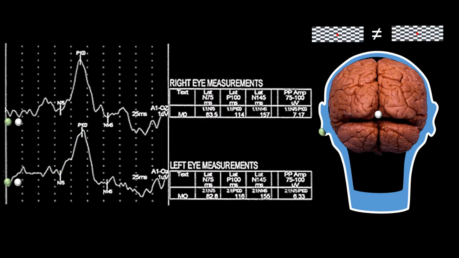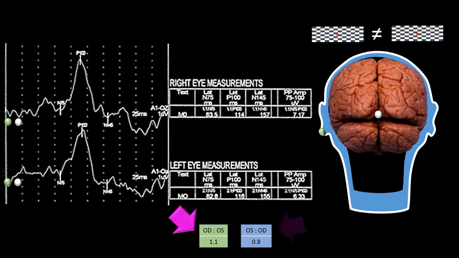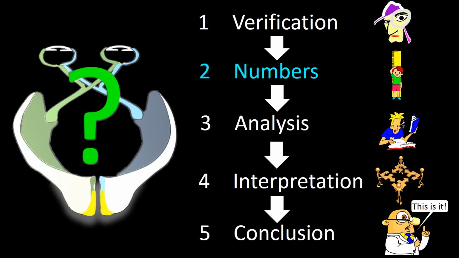The side-to-side amplitude difference was, when comparing the right eye with the left eye, 1.1, and when comparing the left eye with the right eye, 0.8. So this ends the number step, and we move to the analysis.